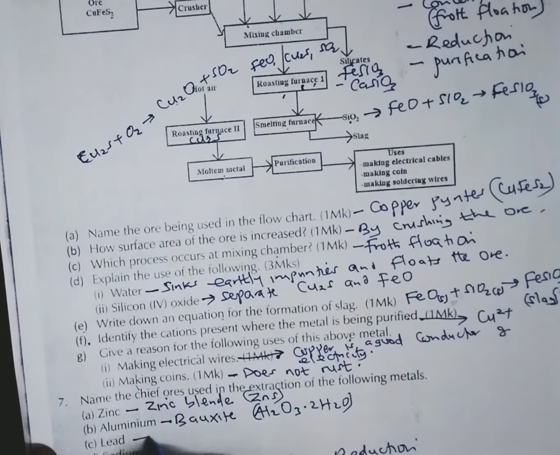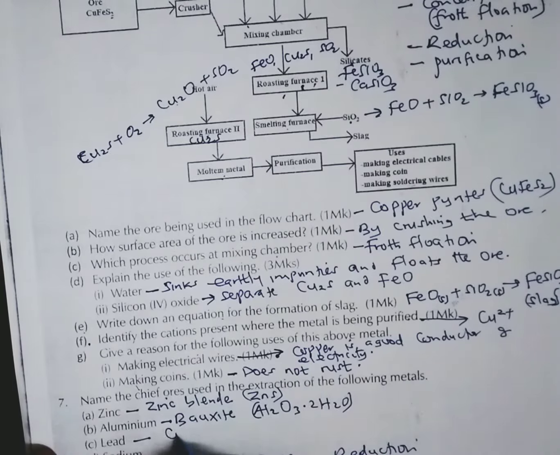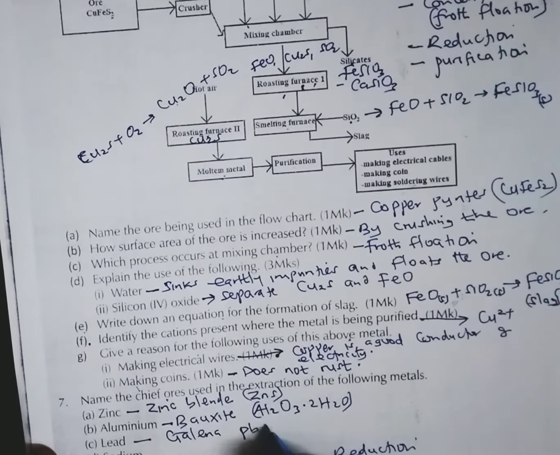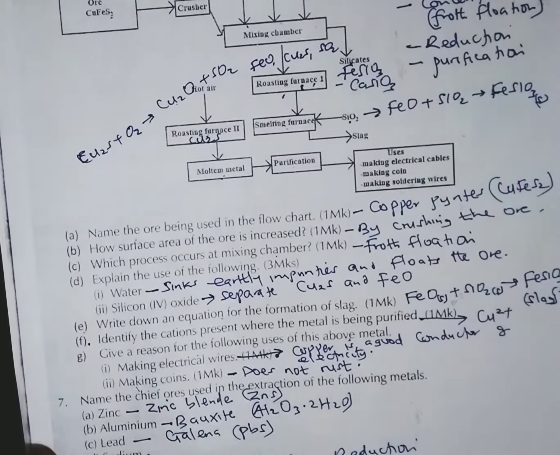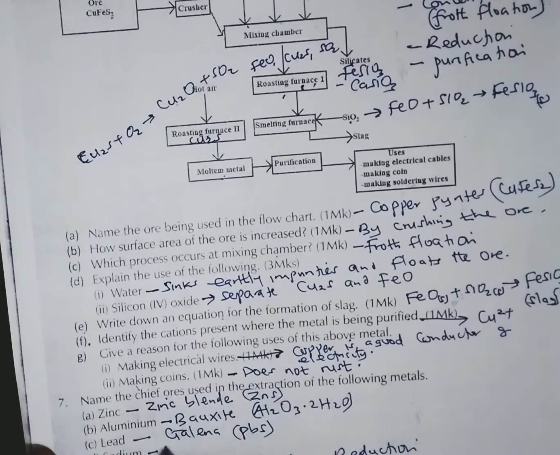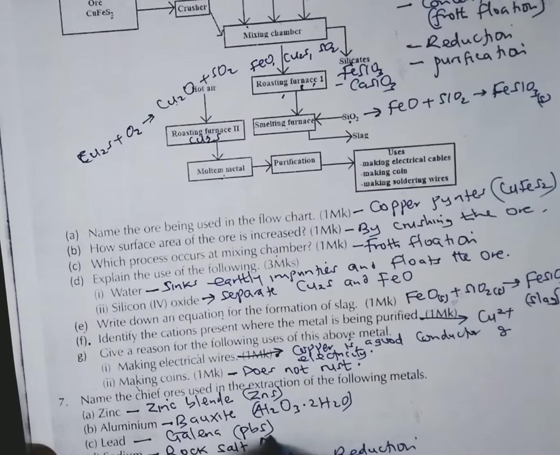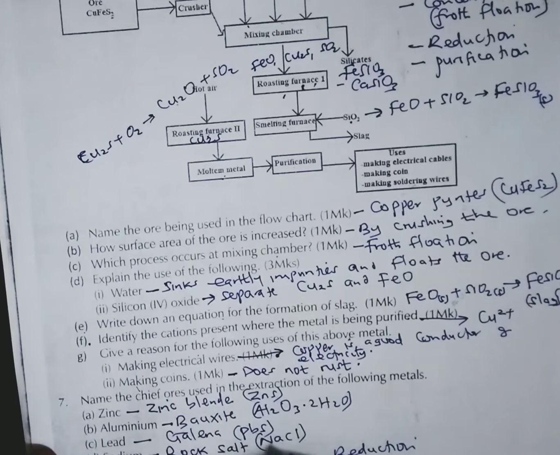We have lead metal, which is extracted from the chief ore known as galena, and galena is simply lead sulfide. Then sodium is extracted from rock salt, that is sodium chloride.